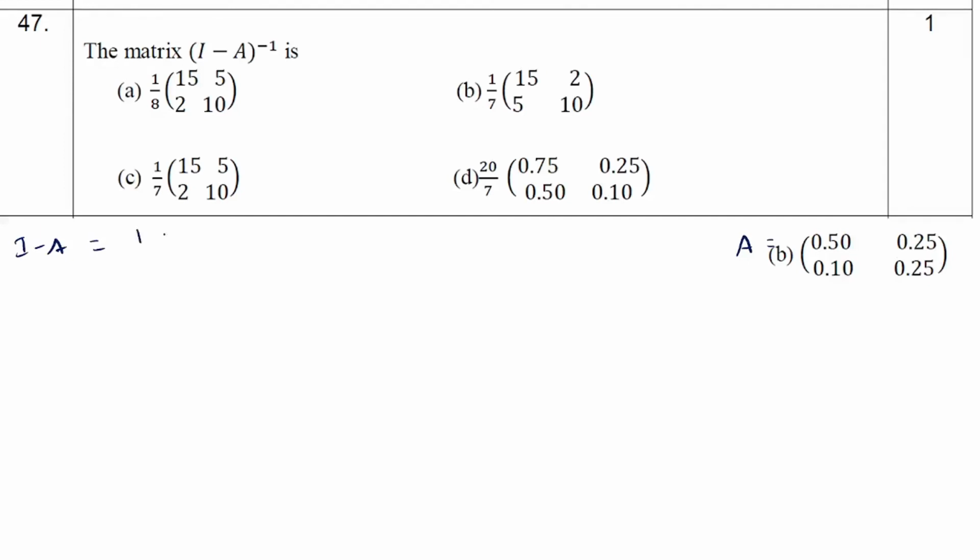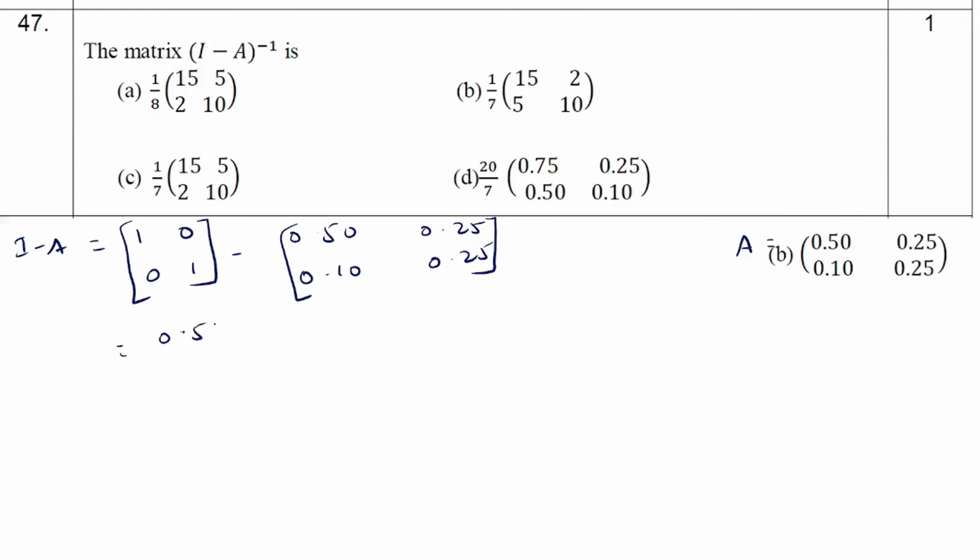Now I minus A is equal to 1, 0, 0, 1 minus A, which is 0.50, 0.25, then 0.10, 0.25. Now this is equal to 0.50 minus 0.25, then minus 0.10 and 0.75.